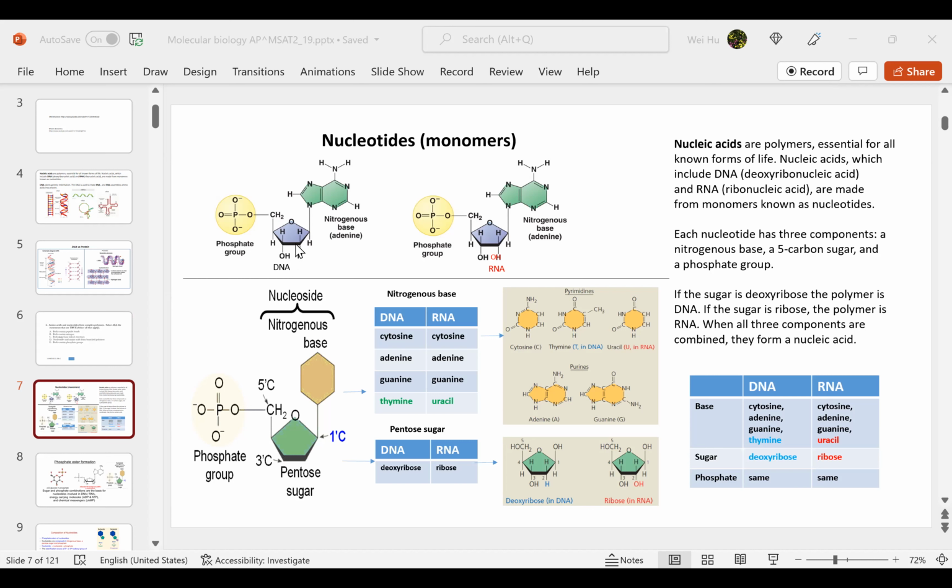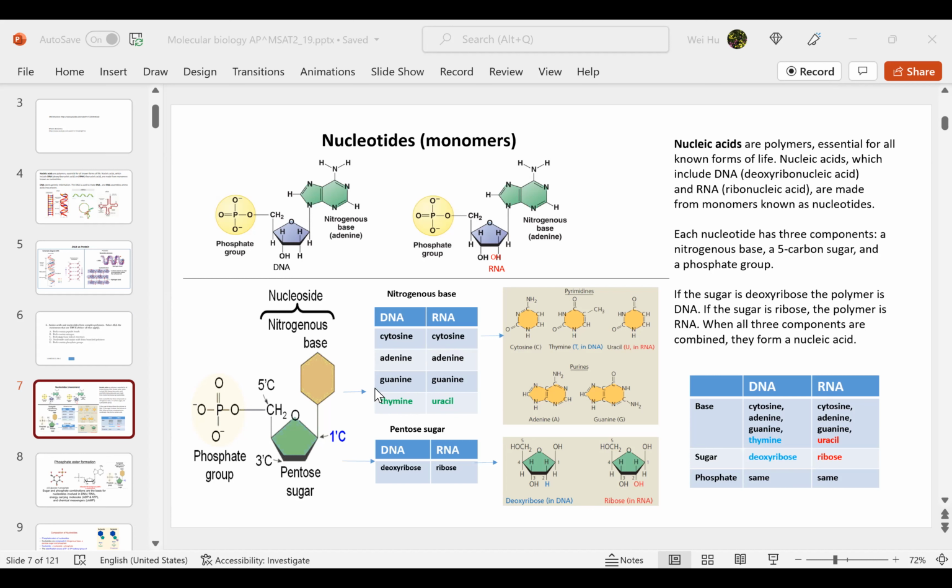So that's the sugar. For DNA and RNA you have the nitrogen bases: for DNA you have C, A, G, T, and for RNA you have C, A, G, but also U. So U and T are specific to RNA and DNA respectively.